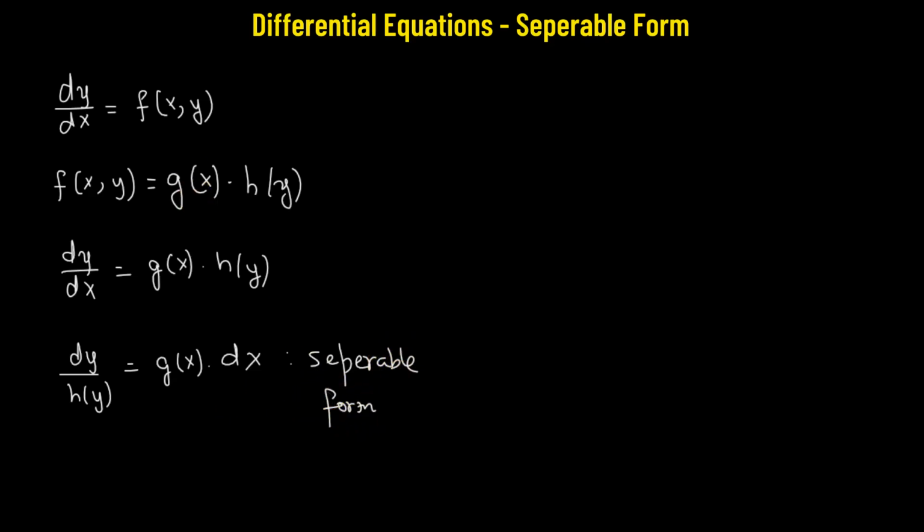And once we have obtained the separable form, then we'll integrate both sides. So this will be integration of dy over h of y equals integration of g of x dx.